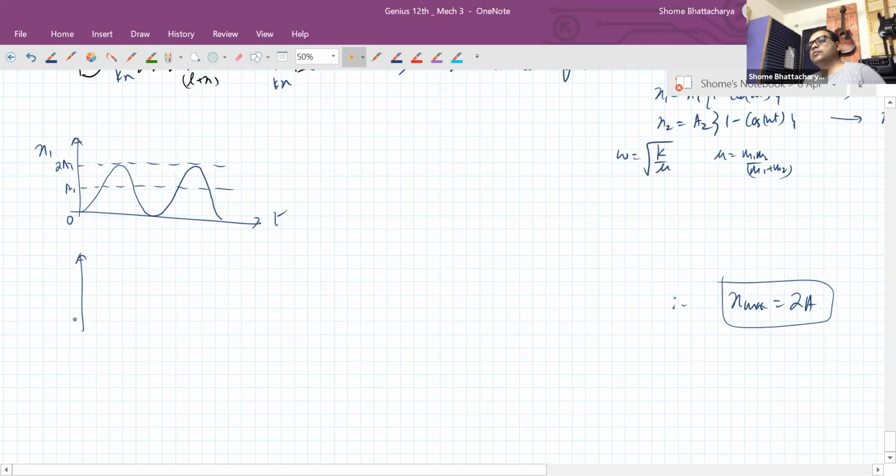Similarly, X2 is also this type of SHM now. So X1 equal to 0 is the extreme position of SHM.